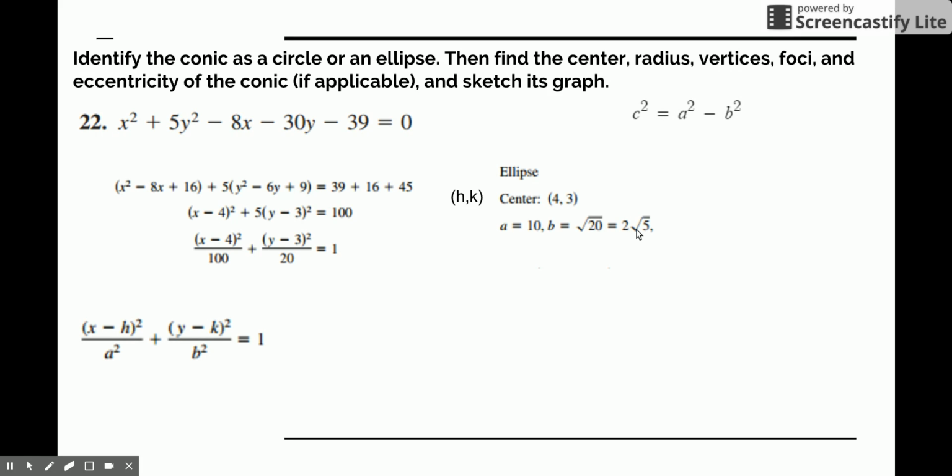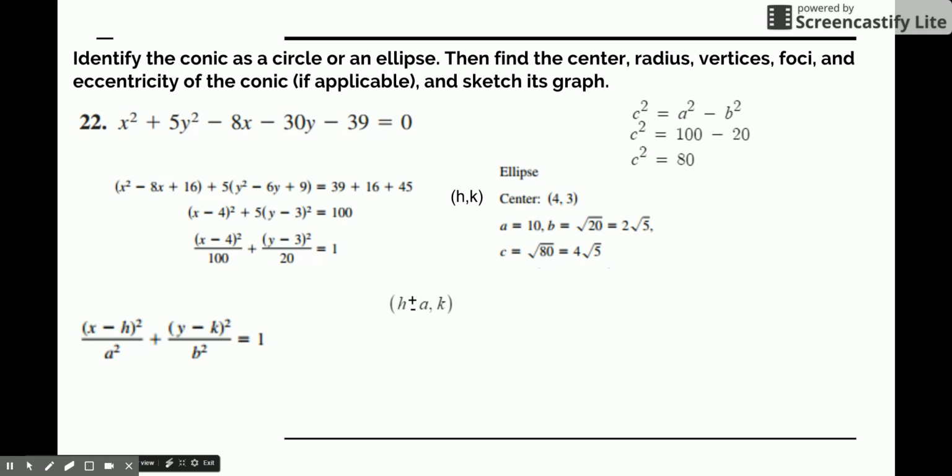From that, you can find the foci, which is c squared equals a squared minus b squared. Plug it all in, figure it out, and you get c equals 4 rad 5. Now you can also figure out the vertices. Since it's a horizontal major axis, you're going to add and subtract the a to the h.